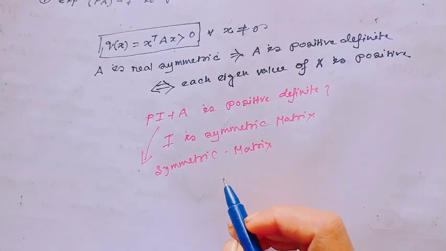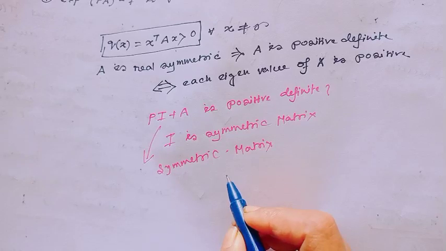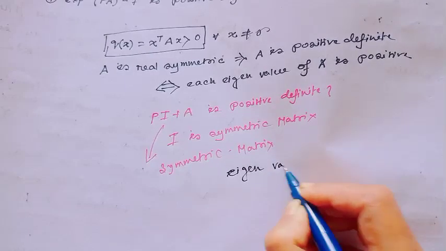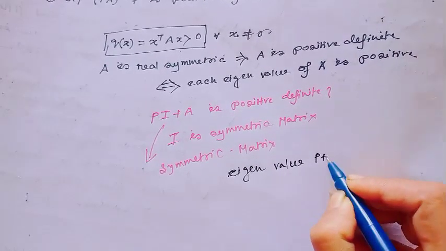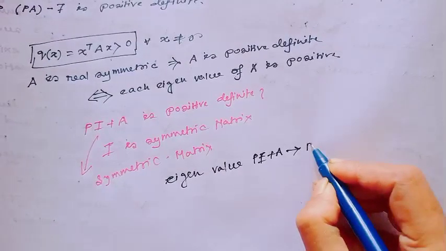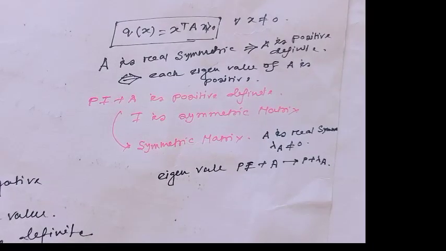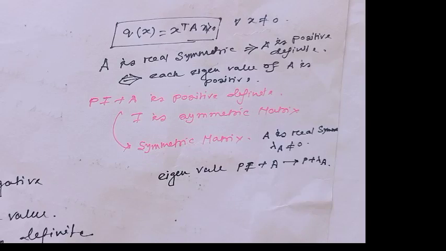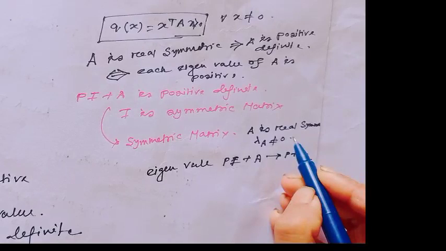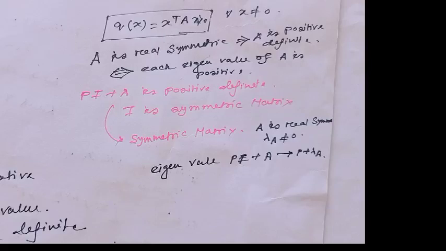Here notice PI plus A is a polynomial function. So the eigenvalue of PI plus A would be of the type P plus eigenvalue of A. Since given in the question A is a real 4 cross 4 symmetric non-singular matrix, the eigenvalue of A is not equal to 0.